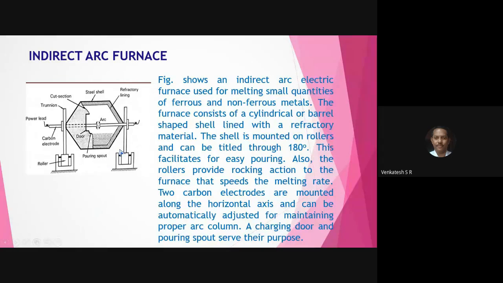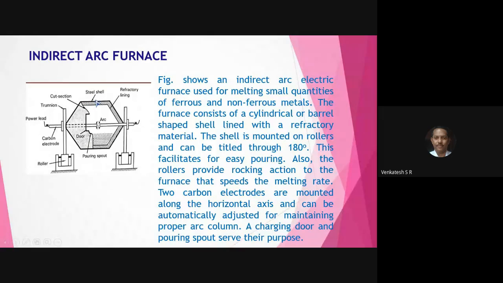First, understand the construction. The entire furnace looks like a hexagonal construction. Can you observe here? All of you observe the inside of the steel shell.